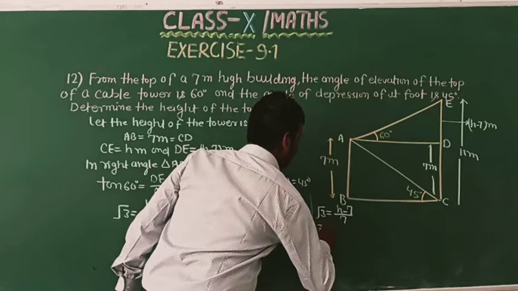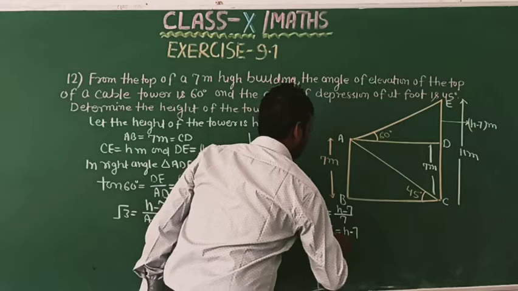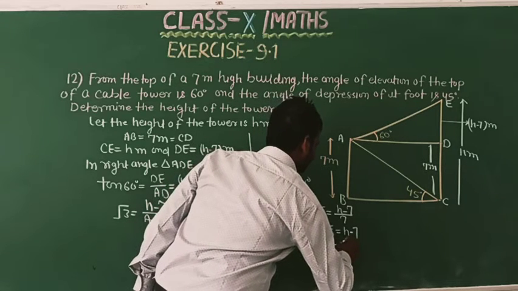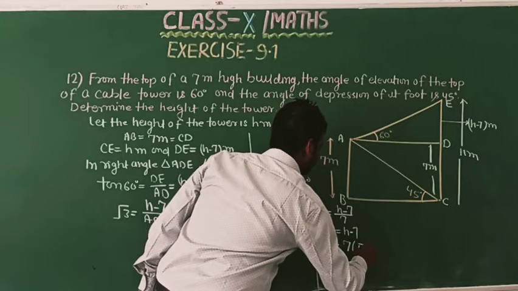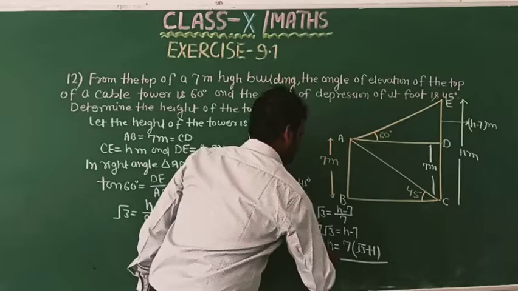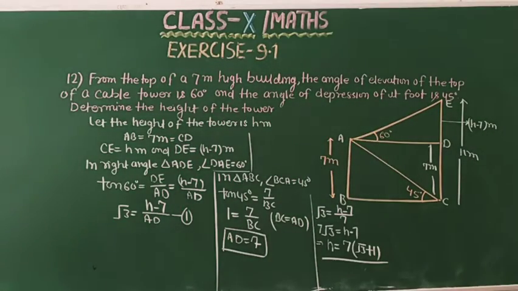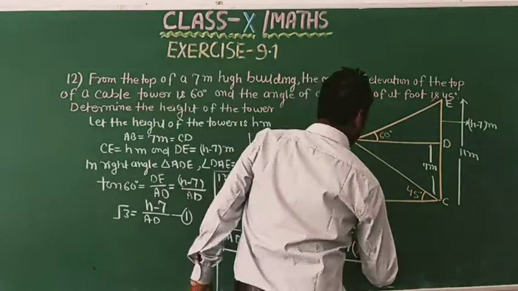This implies 7 square root 3 equal to h minus 7. This implies h equal to 7 root 3 plus 1.